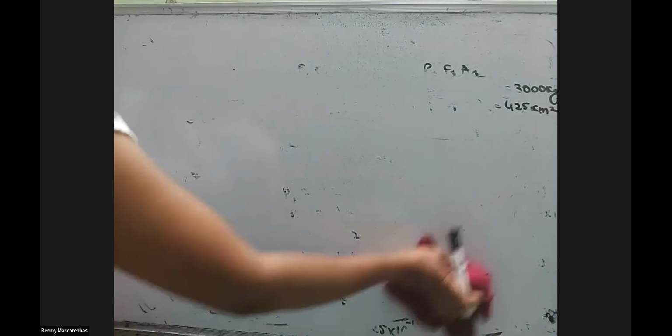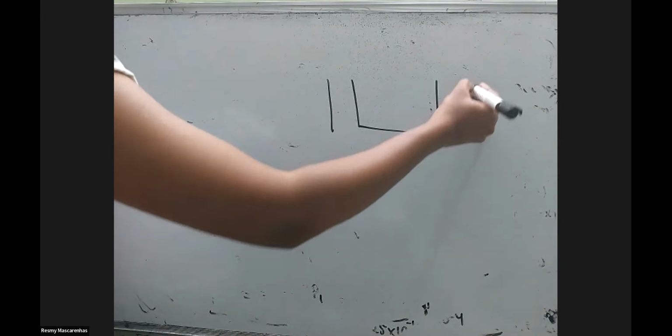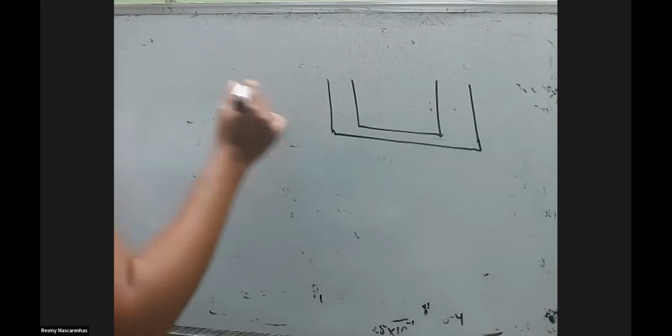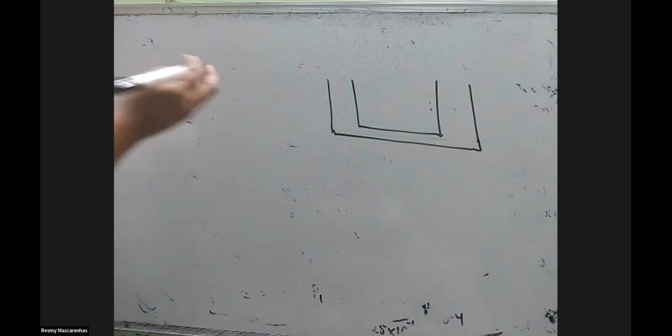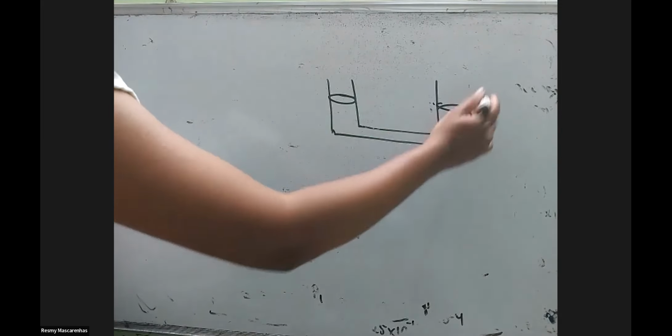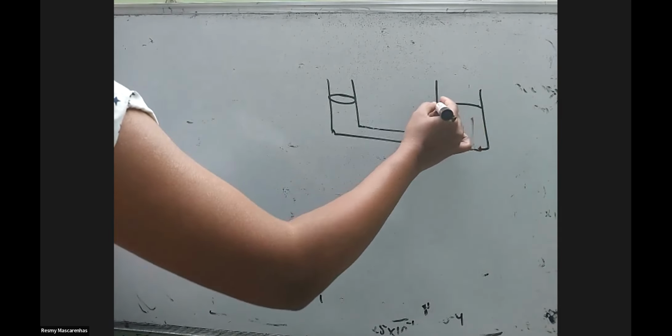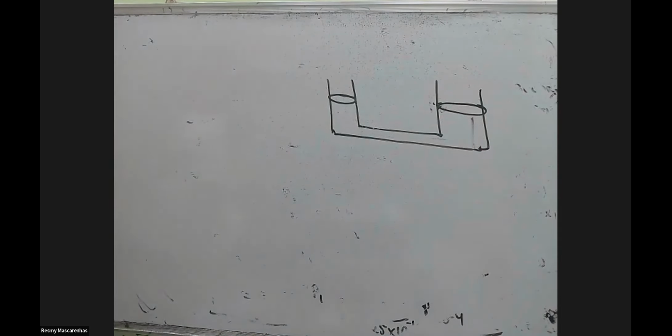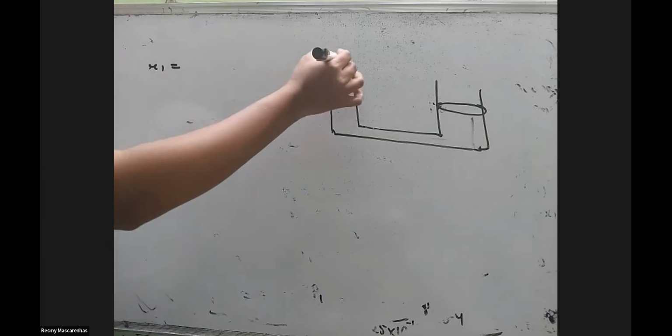Okay, same diagram. Now, if you notice, they said radius. Radius means the piston is circular. This is a bigger one. Now the pistons are circular in nature, because whenever it includes radius, it's understood to be circular. So what has been given? This is F1.